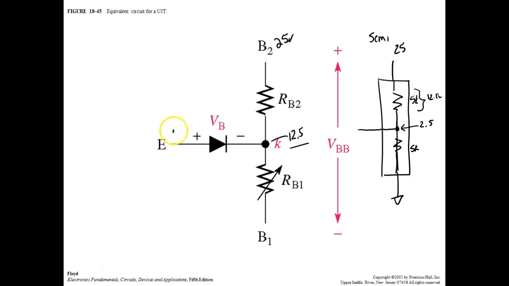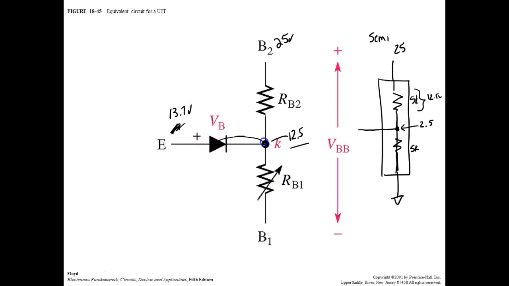If I put 0.7 volts over there, then I've got plus 25 on the cathode and 0.7 on the anode. That's reverse biased. My anode is not positive with respect to the cathode. So what would I have to put right here? About 13.2 volts. Do you all understand that? So now it forward biases.